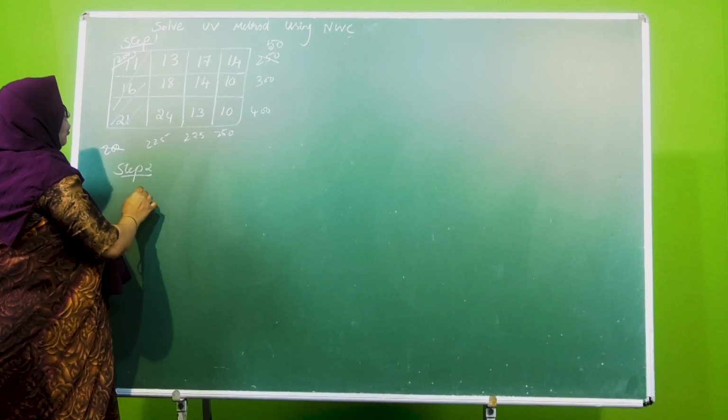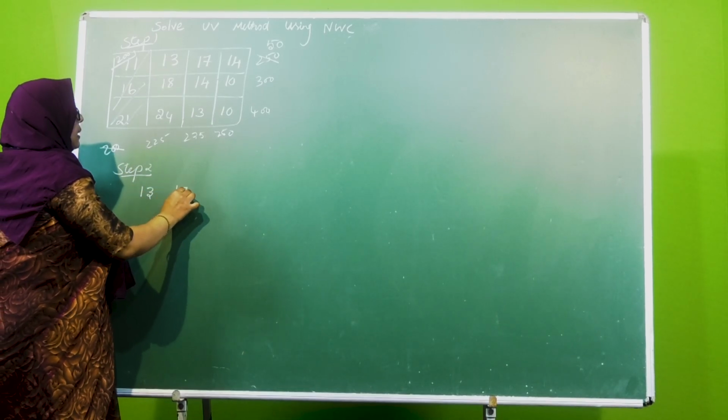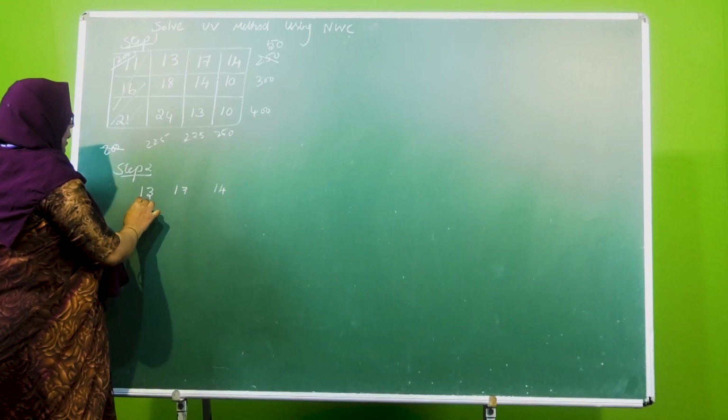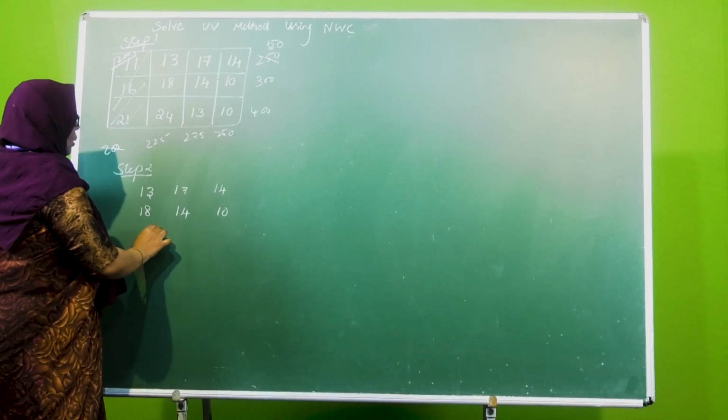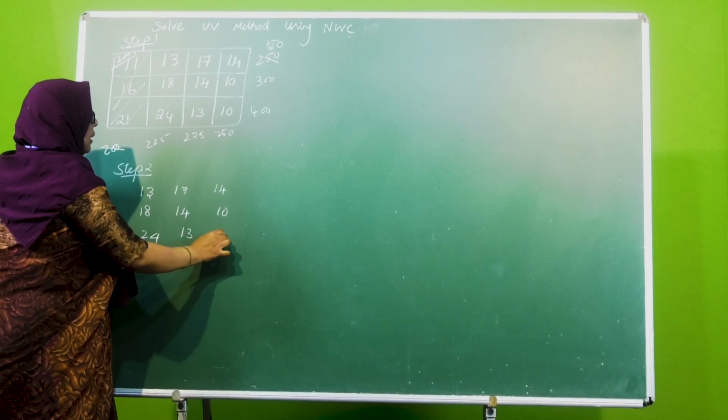In step 2, the elements are 13, 17, 14, 18, 14, 10, 24, 13, 10.